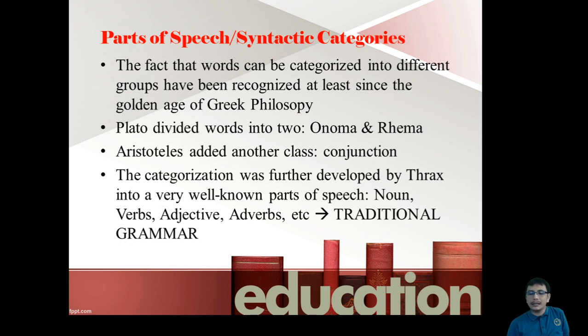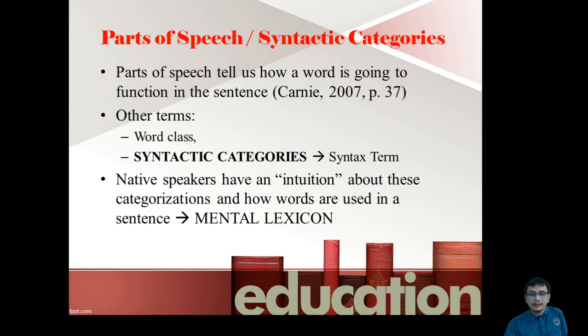Parts of speech are traditionally divided into nouns, verbs, adjectives. The terms of these parts of speech are, I think, quite familiar to you, as they belong to the concept that we call traditional grammar. So part of speech tells us how a word is going to function.